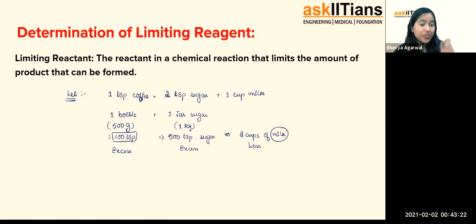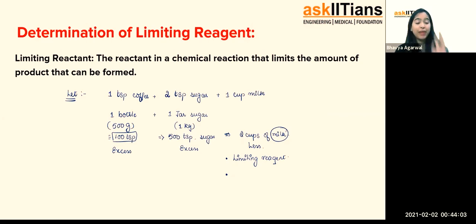Whatever quantity which is least out of multiple reactants or out of multiple ingredients, that ingredient which is present in least quantity, or that reactant which is present in least quantity, that becomes your limiting reagent. That is your limiting reagent.